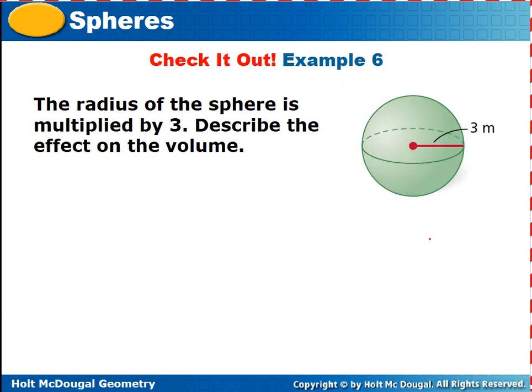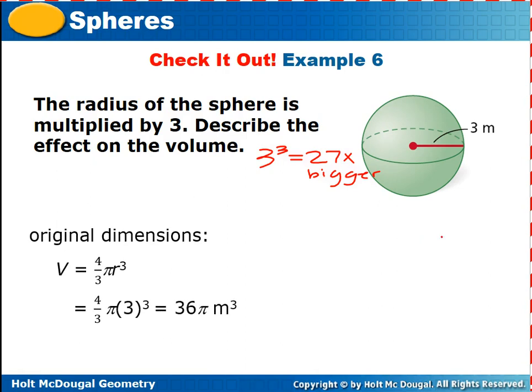Okay, on this one, again, the effect is 3. So we're going to say 3 to the 3rd, which means this thing is going to get 27 times bigger this time. Again, if we were to find the volume of this, we could find the volume 3 cubed times 4 divided by 3. That would give us an original volume of 36 pi meters cubed.